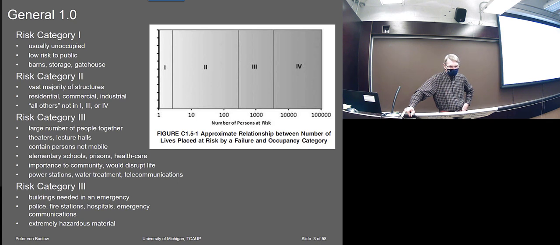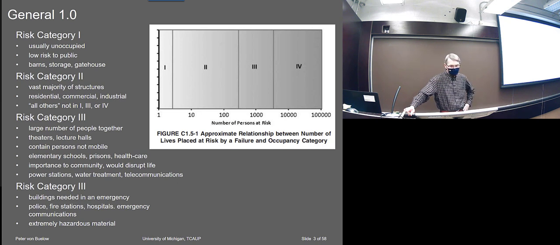And then 4 are, look at that, okay, I was doing this last night. Apparently that one at the bottom, if it says 3 again, should be 4. Category 4 is ones that are particularly critical to maintaining safety during a disaster, so fire stations, police stations, hospitals.